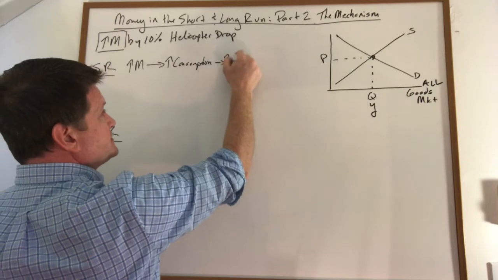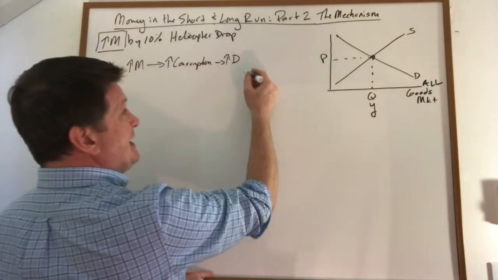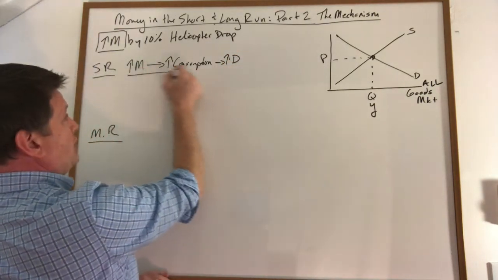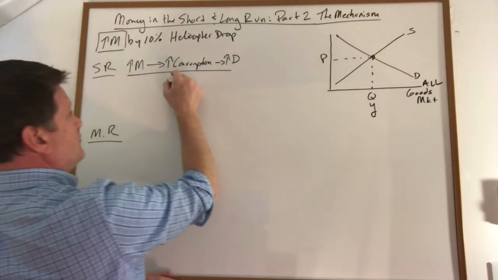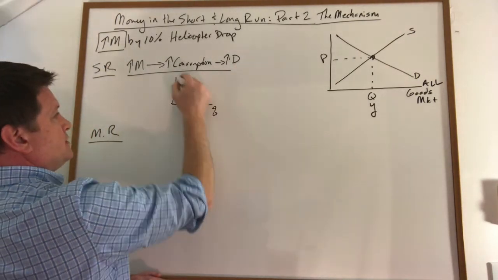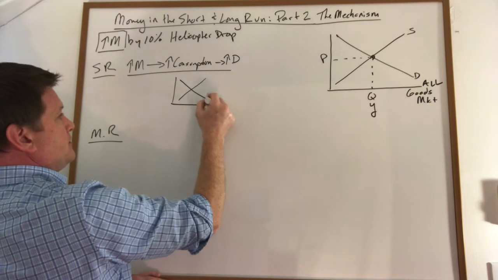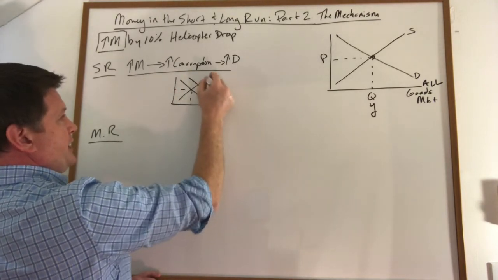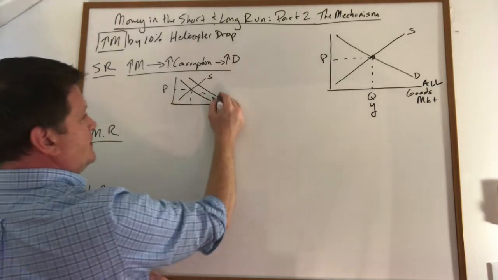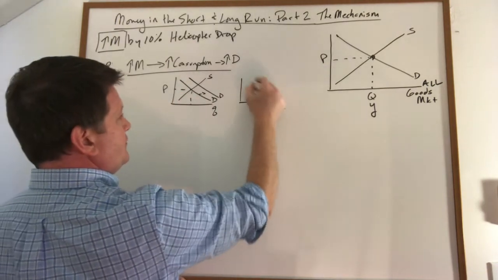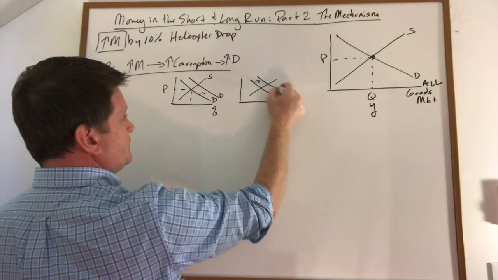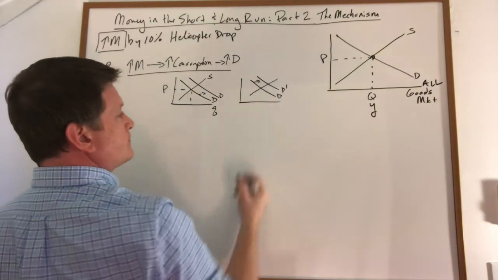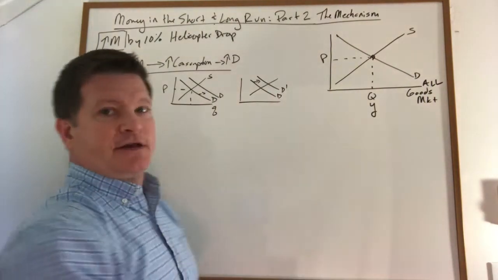And this increases demand, and this is all consumers, in every little market. Demand increases. These are supply and demand diagrams. Demand increases in every little market.